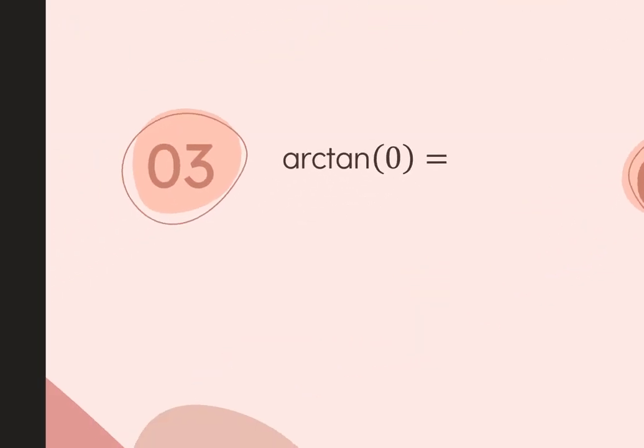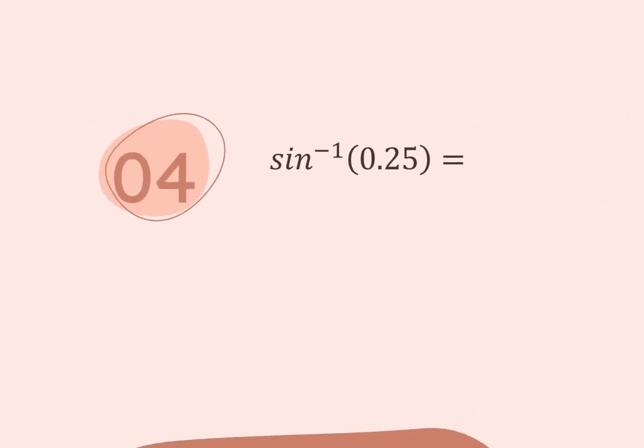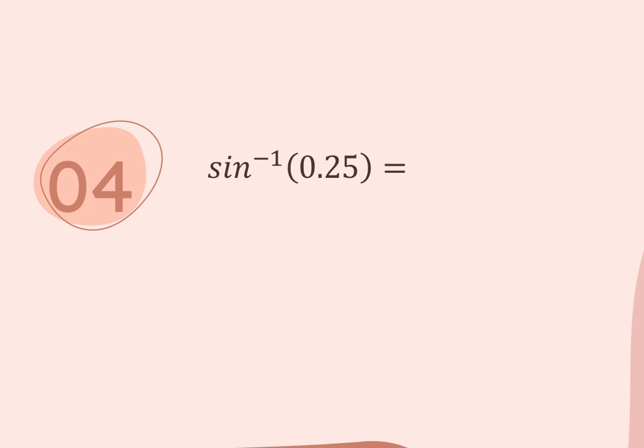Number 3, arc tan of 0. 0. And then we get sine negative 1 of 0.25. So 0.25 is like a fourth. Is a fourth on your unit circle? No, this is where a calculator would come into play. So we hit inverse sine, we put 0.25, and we make sure we're in radians because we answer all of these in radians, and everything on your test is in radians.